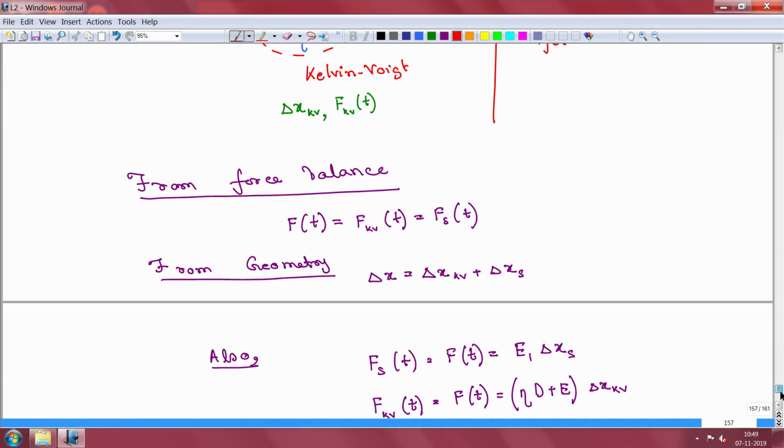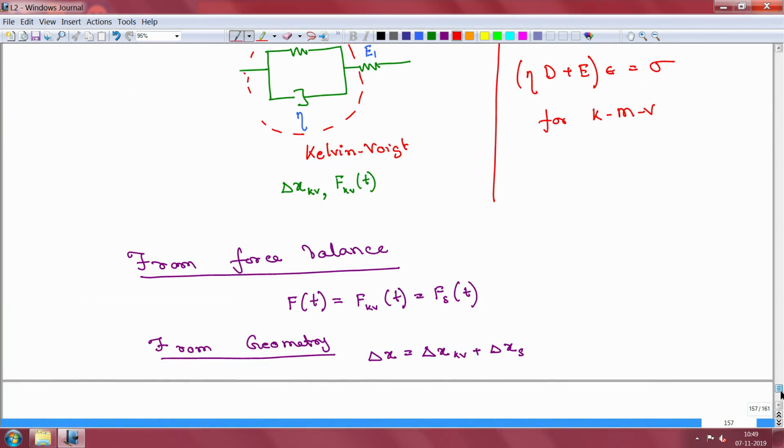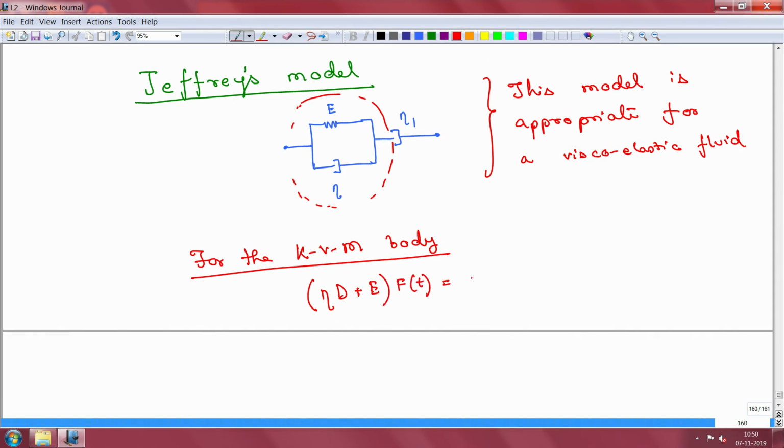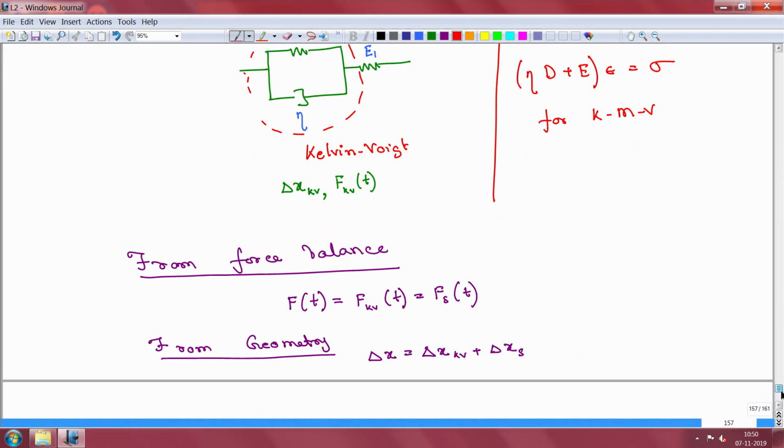So, eta d plus E, so you have eta d plus E times the force is equal to, sorry, this displacement in this is equal to force, right. So, I am just reusing the expression from there.